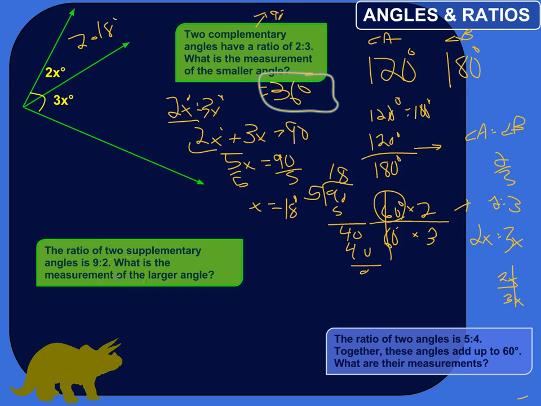Let's try another one. The ratio of two supplementary angles is 9 to 2. What is the measurement of the larger angle? Okay, so let's represent our two angles.